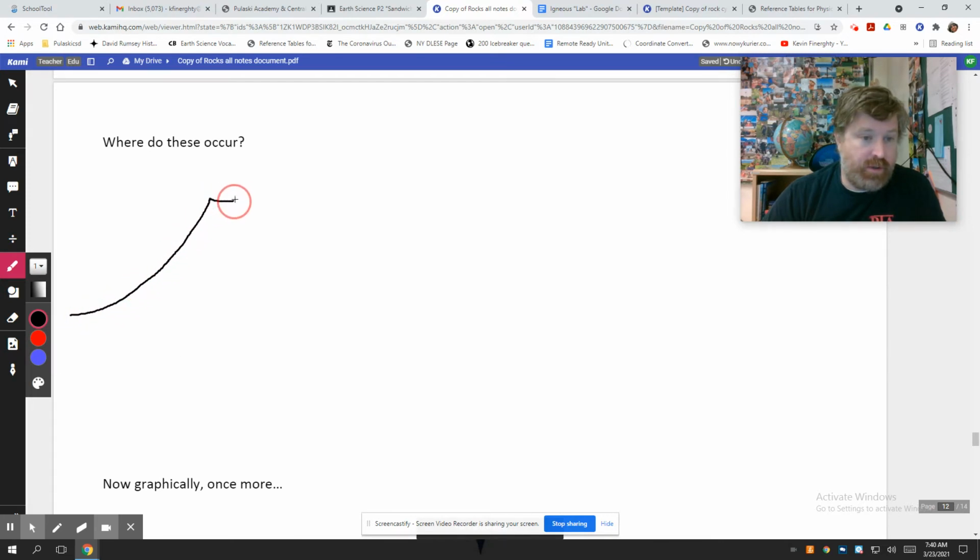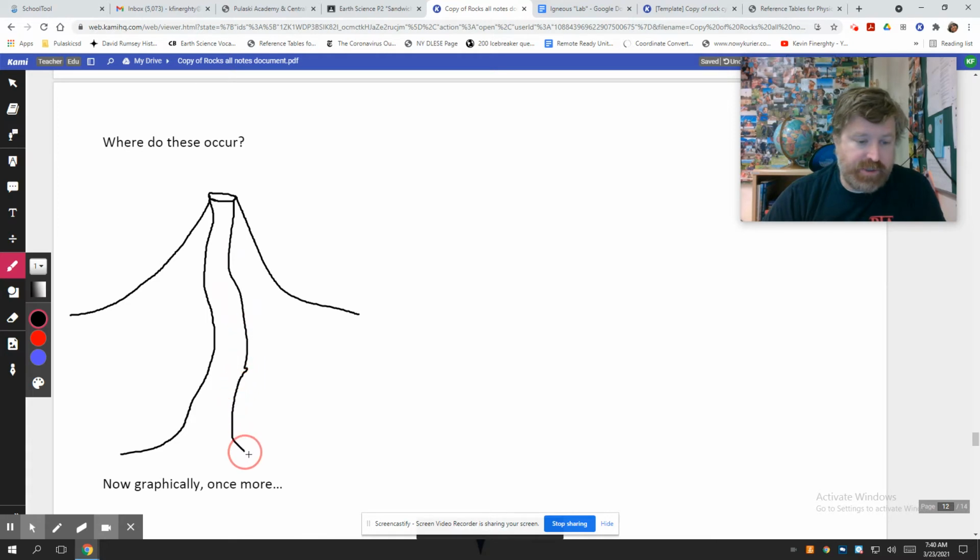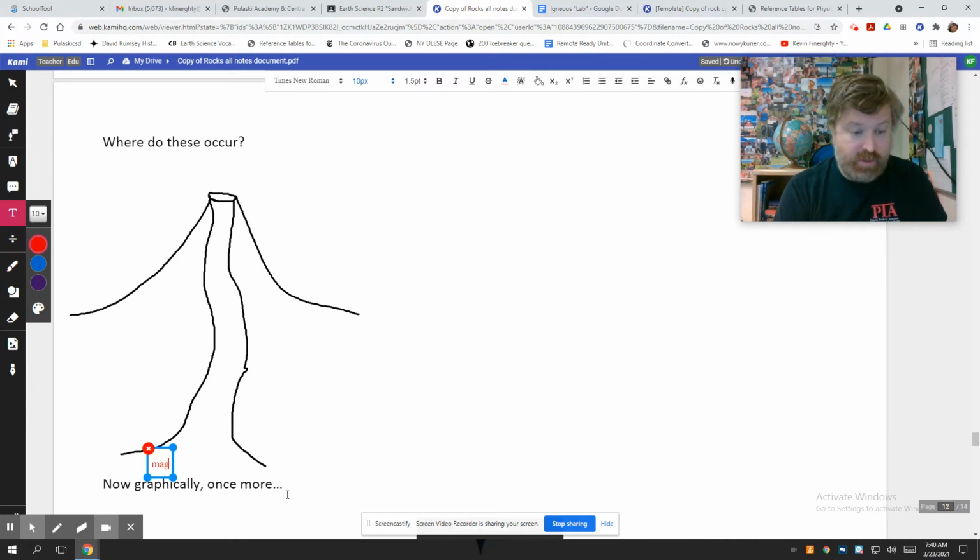So I'm going to draw a good old version of a volcano. And like we did in that previous lesson, the first lesson in rocks, we'll have it fed by some plumbing, for lack of a better word, from down here. Melted rock, magma, hot, right?